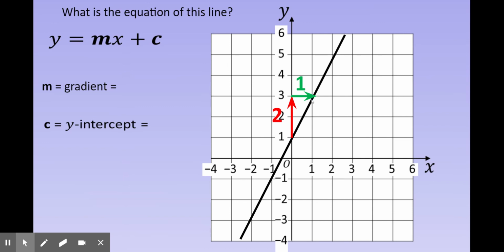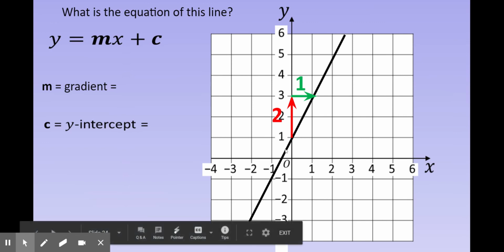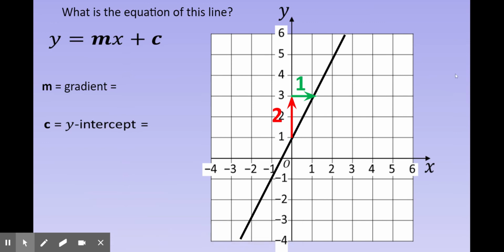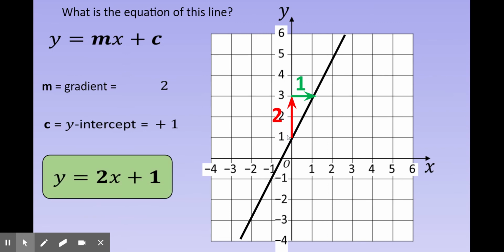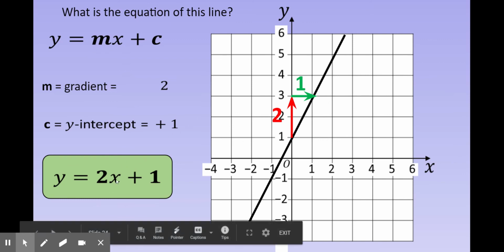Notice, as I mentioned earlier, it doesn't matter how big the triangle is, it would still give us the same gradient as the gradient is the same throughout. In this case, it's 2 over 1, rise over run, and the y-intercept cuts at positive 1. So the equation is y equals, instead of m, the gradient, 2x plus, instead of c, the y-intercept, we write 1.